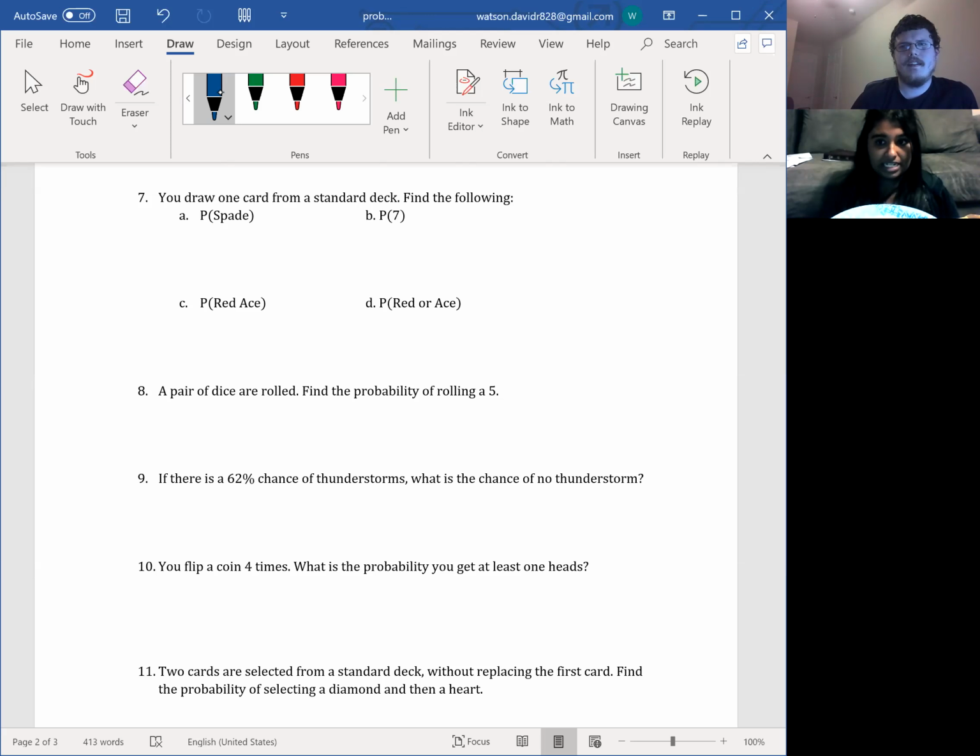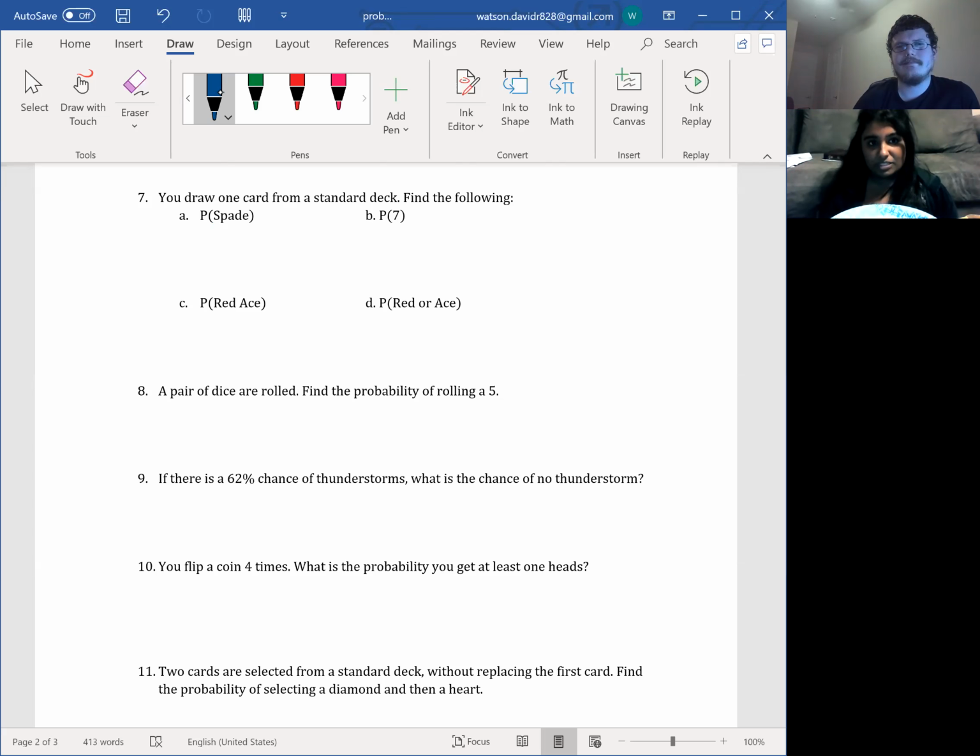The probability of a spade. And if you don't know how many spades are in a deck, just pull up one on Google and you can see they're all written out for you. Remember the probability notes? We put a deck in there for you.